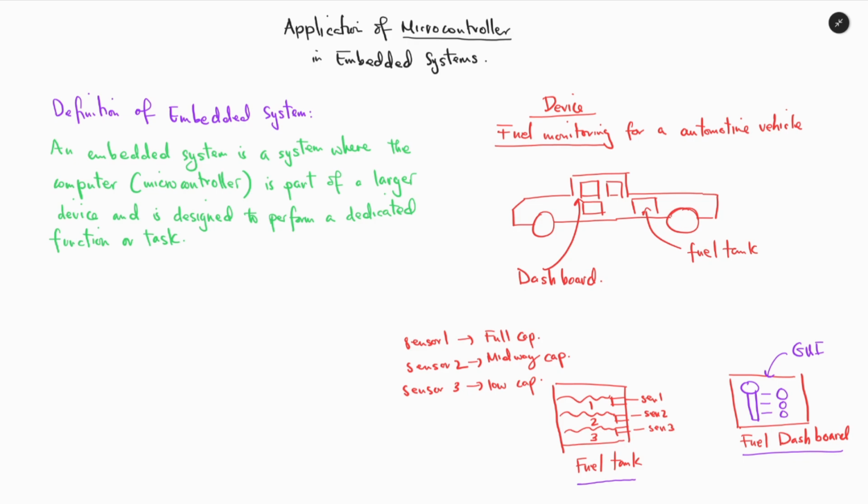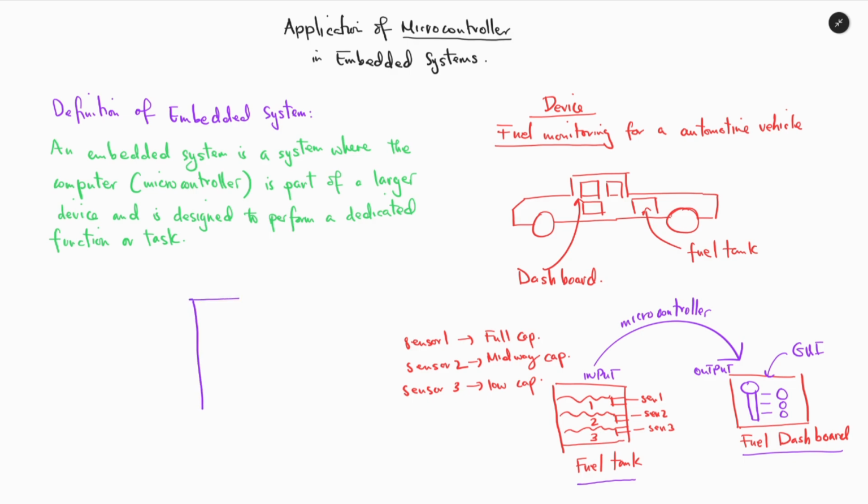To enable the level of the fuel inside the tank to be displayed on the graphical user interface, we now need something called a microcontroller. The microcontroller has the ability to compute the level of fuel inside the tank and show it on a graphical user interface. We can have the input as the voltage sensor level, and the output is the graphical user interface.